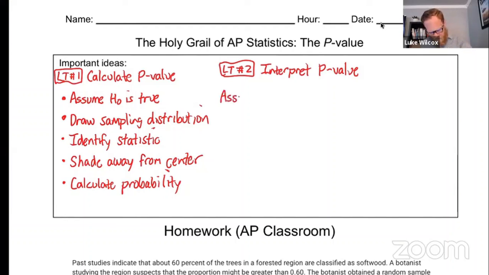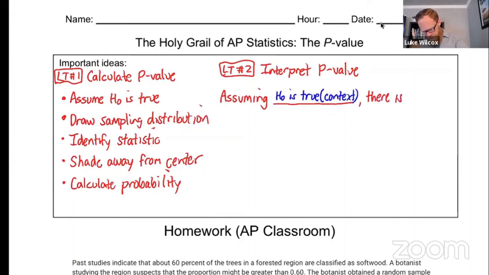So it would say assuming, and then you put the claim there. And the claim is always the null hypothesis. So you would put that the null hypothesis is true. And this is where I like to put the context of the problem, right up front when you're stating your assumption.